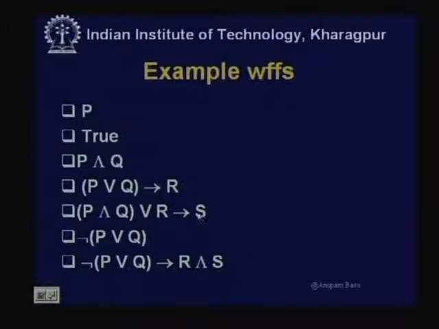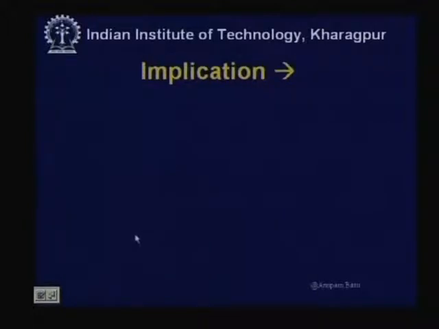Now, not of P or Q, we can just observe here. I see that P is a proposition or a sentence, Q is a proposition or a sentence.